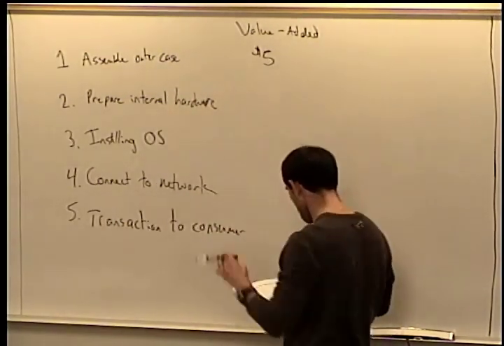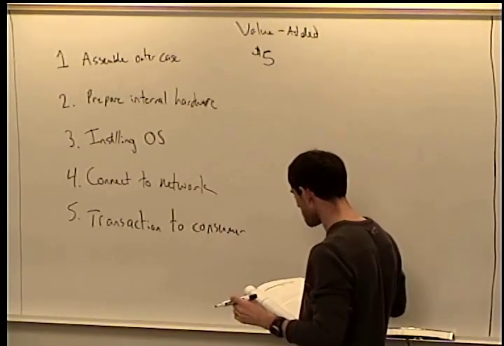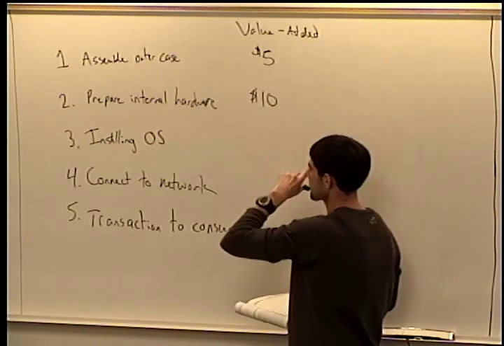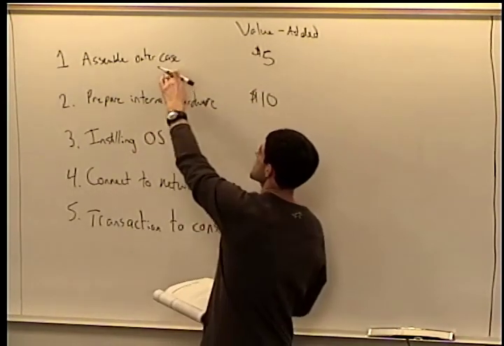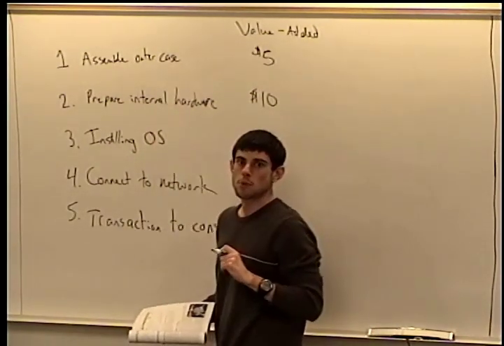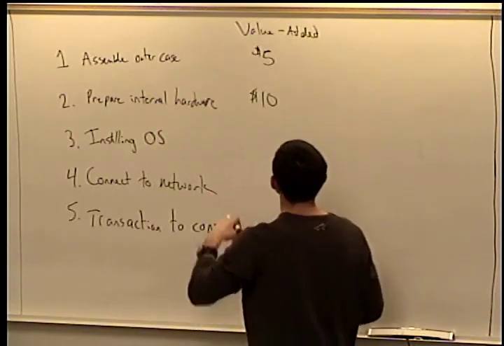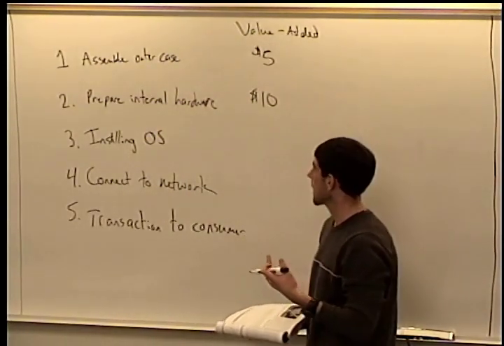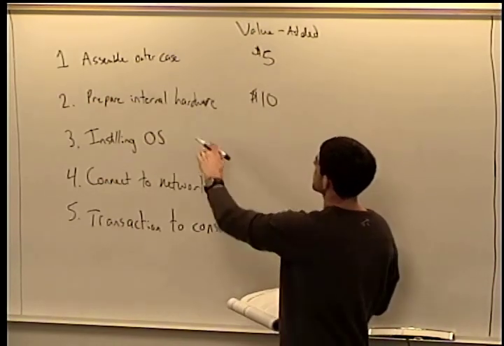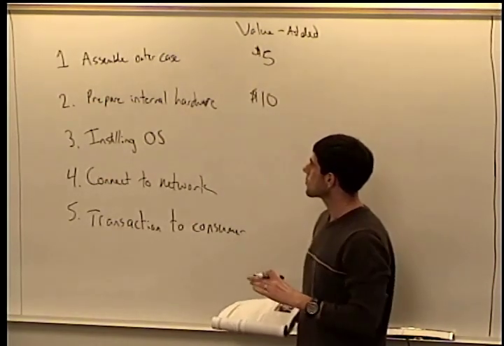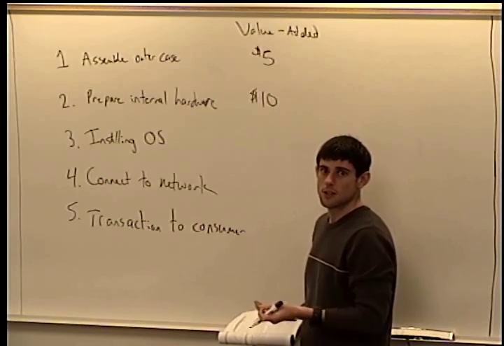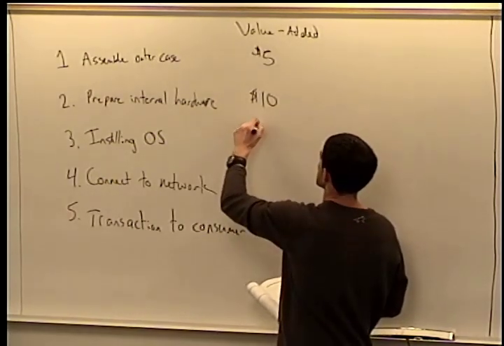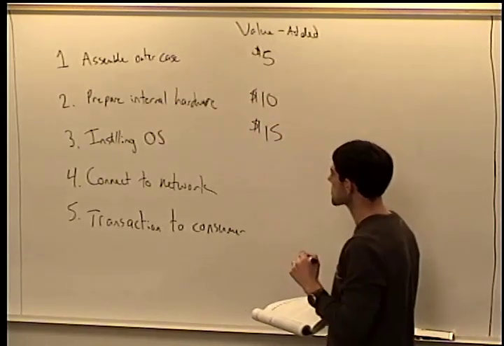If we prepare the internal hardware, that adds $10 of value. So if we take the outer case and put in a computer chip, that whole thing is worth $5 plus $10, or $15. Overall, we've added $10 of value by adding the hardware. Installing the operating system is $15.